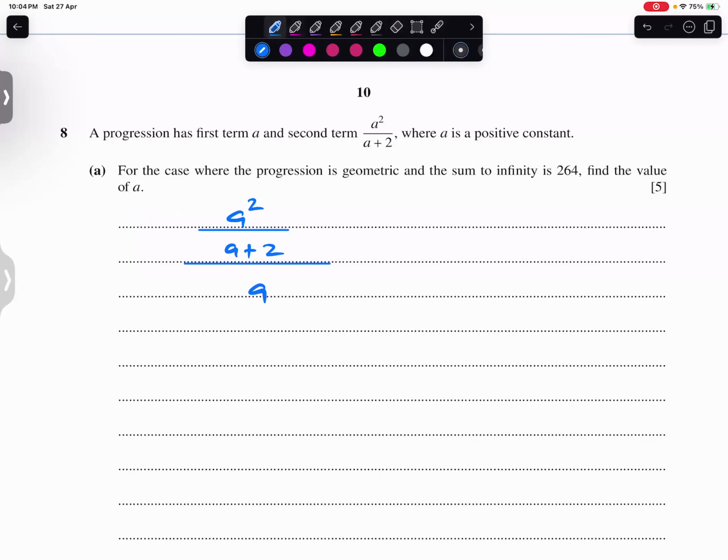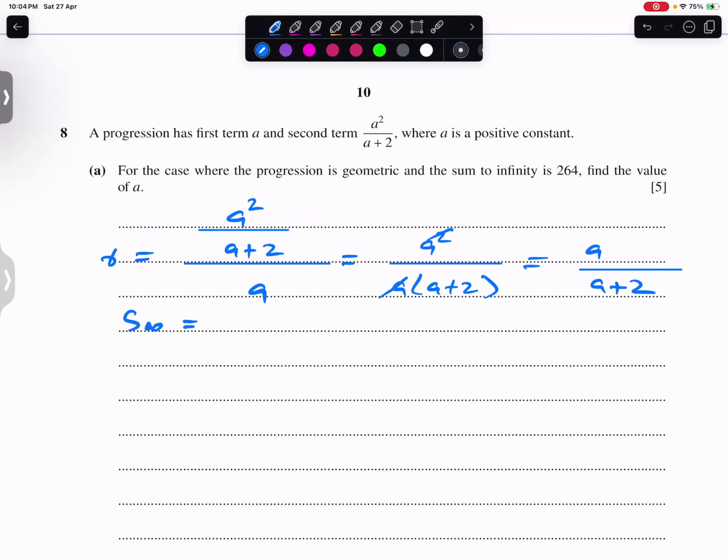This is my common ratio. So a squared over a times a plus 2. So a will be cancelled out. A over a plus 2. This is my ratio.